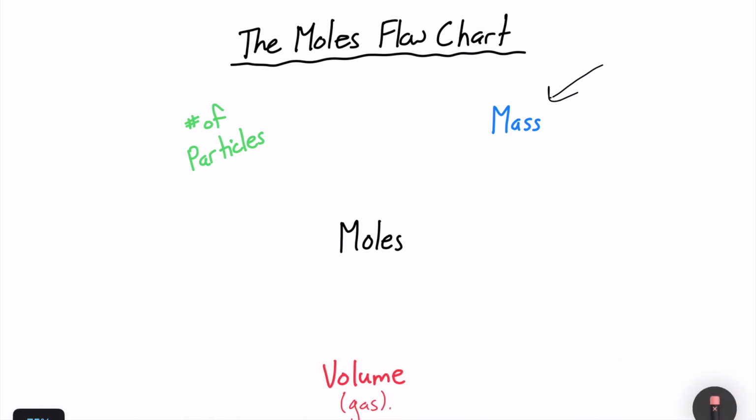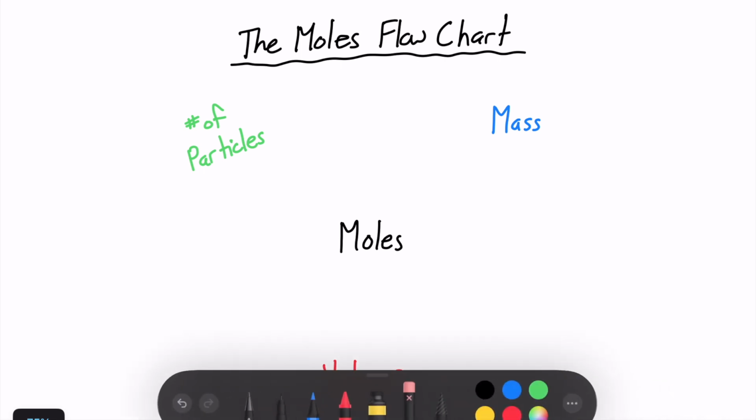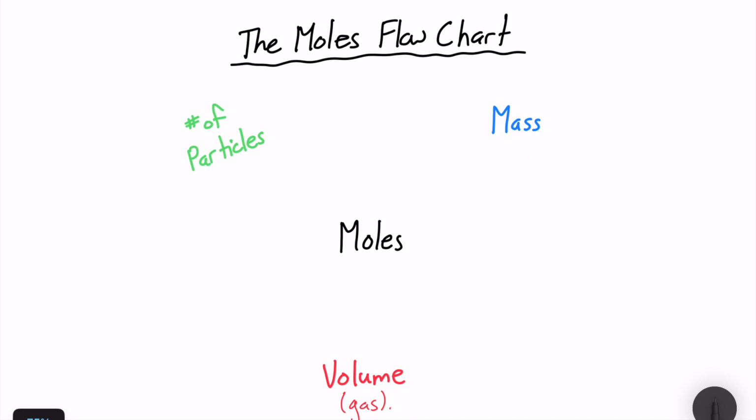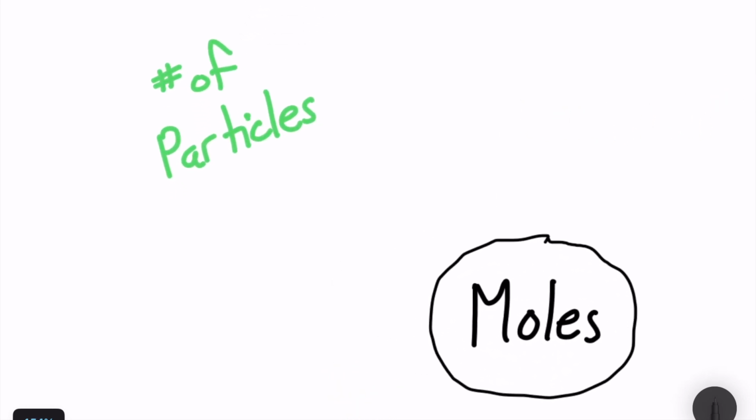The first one we're going to talk about is the number of particles and how to get there from moles. So as you can see, moles we have right in the middle of everything. This is kind of going to be our base camp, I guess you could say. So our first stop is going from moles to number of particles.